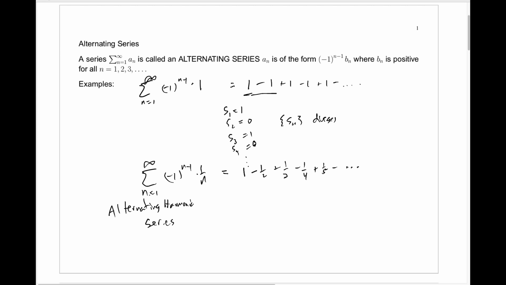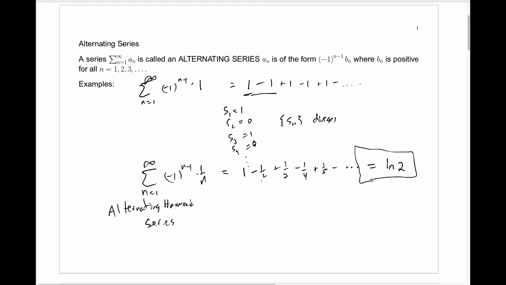Now, we're going to see much later, not until near the end of chapter 11, that we can actually find a value for this alternating harmonic series. It converges and in fact will equal this special number, log 2. But as I said, we're going to see that much later. Right now, I just want to mention a few things. It's not going to be easy to find an exact formula.